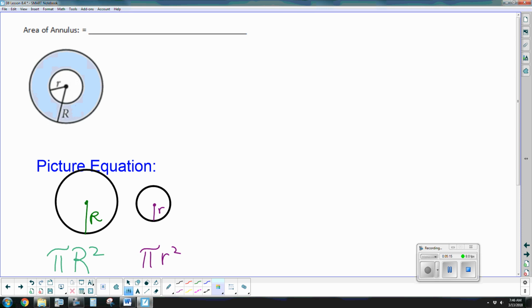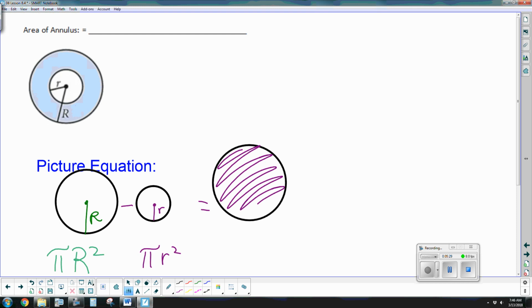So if we take the area of our larger circle and subtract the area of our smaller circle, that's the area of our annulus.